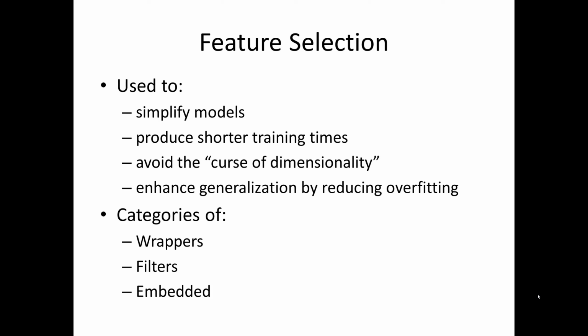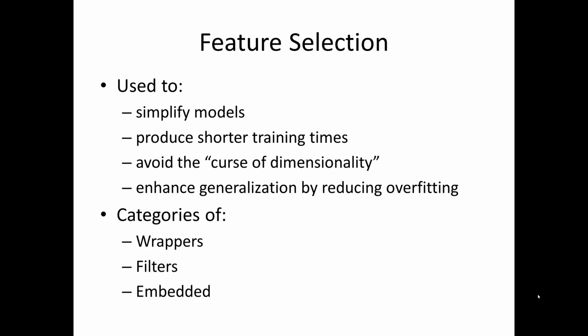There are basically three categories of algorithms used for feature selection. There are wrappers, filters, and embedded. Each subset of features is evaluated as a whole by these algorithms. Wrapper algorithms search through the space of possible features.